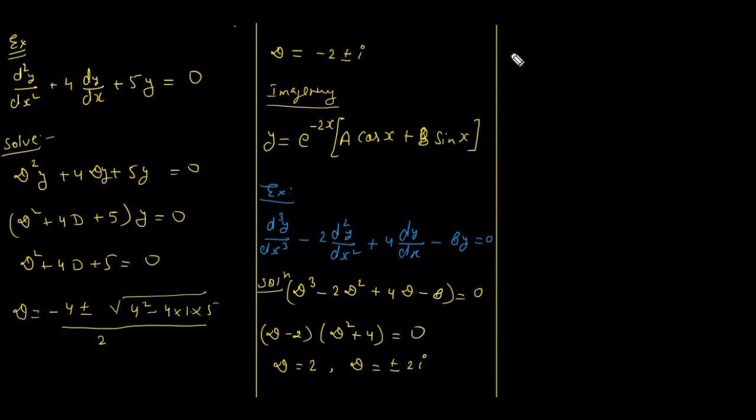So we will write y is equal to, for the real root, c1 e to the power 2x plus e to the power real part of complex roots, that is 0x, bracket some constant a cos, the imaginary part is 2x, plus b sine 2x.